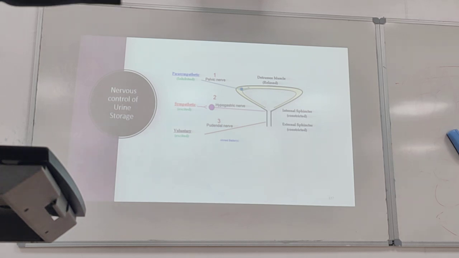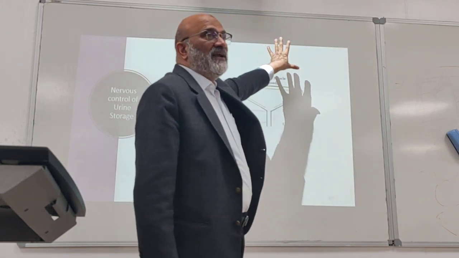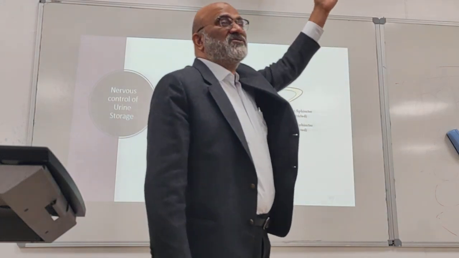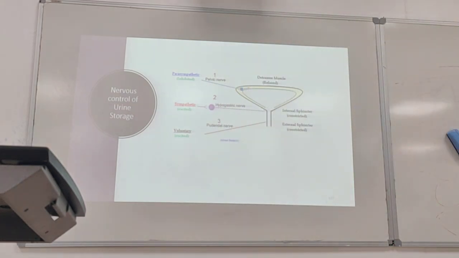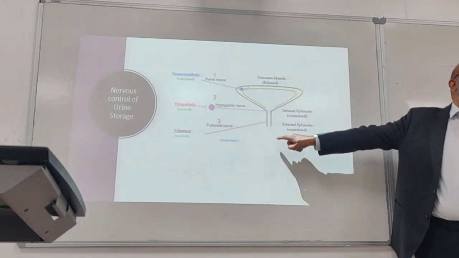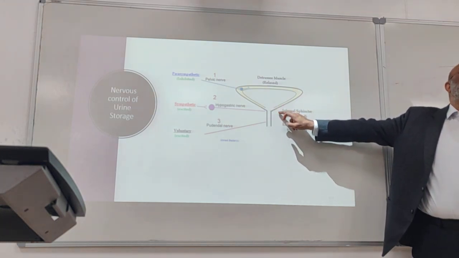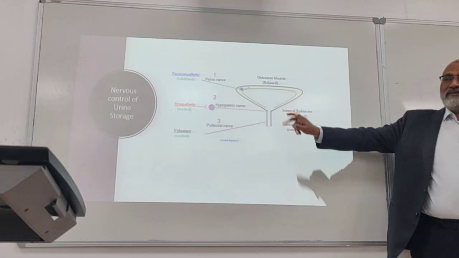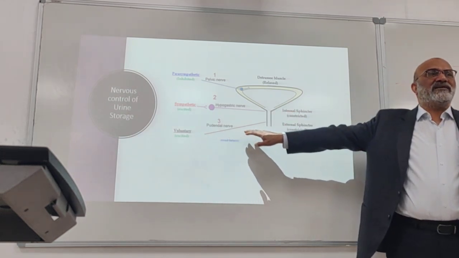I repeat once again. For storing of the urine, the bladder should be relaxed. It is relaxed when there is sympathetic stimulation, because we don't want to pass urine. We store the urine when this sphincter is closed and this sphincter is closed. This sphincter is closed when the sympathetic system is excited. This sphincter is closed when the voluntary or pudendal nerve is excited.